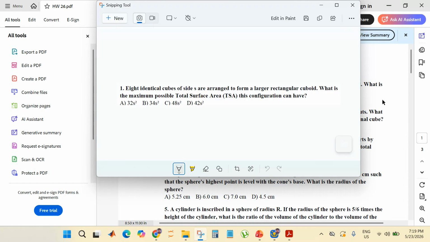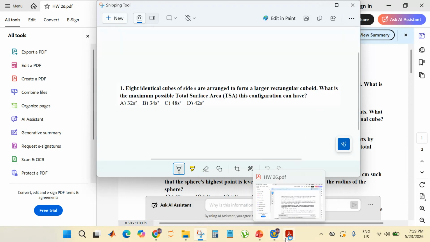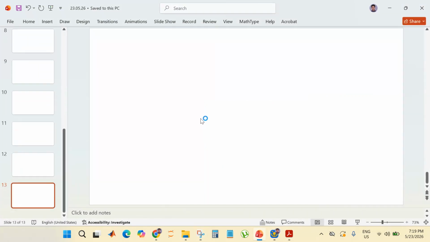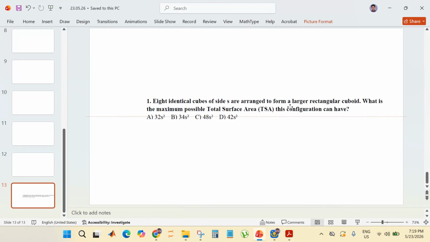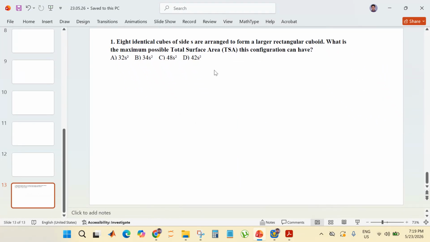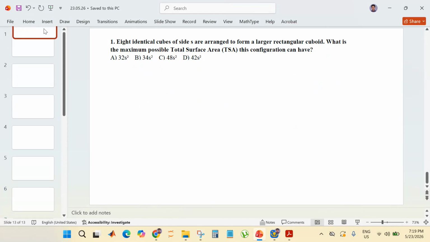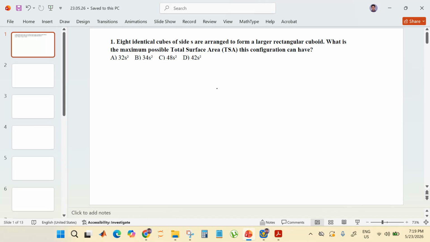Okay, so I am just taking the numerical. Eight identical cubes of side S are arranged to form a larger rectangular cuboid.